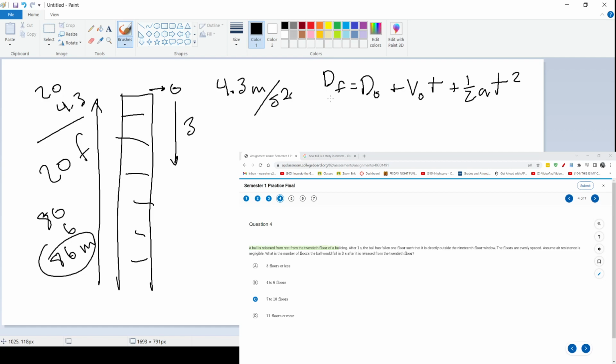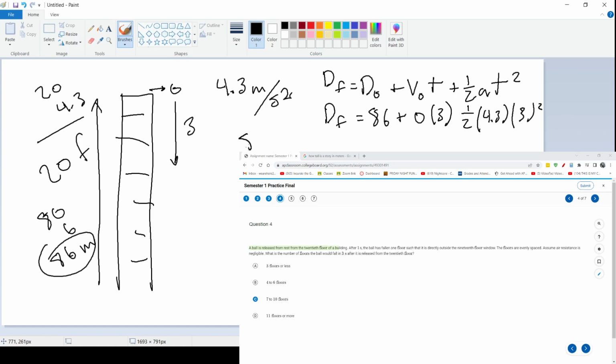If we plug those numbers in, d final equals 86 plus velocity initial, that's 0, times 3 seconds, plus half the acceleration, that's 4.3, times time squared. But you see, we can't do that equation. Do you want to know why? Because we don't have time. Oh, wait, no, we do. I did a little goofer. Okay, there we go.